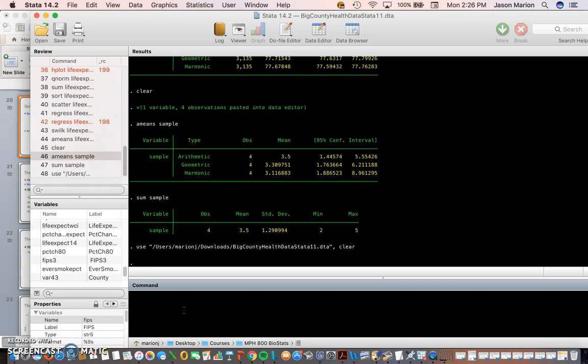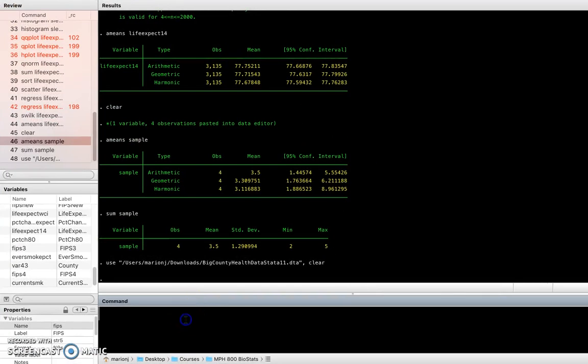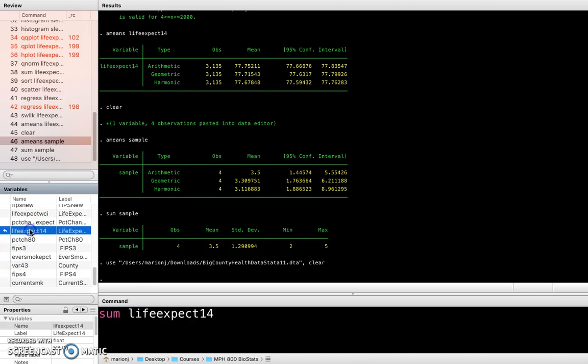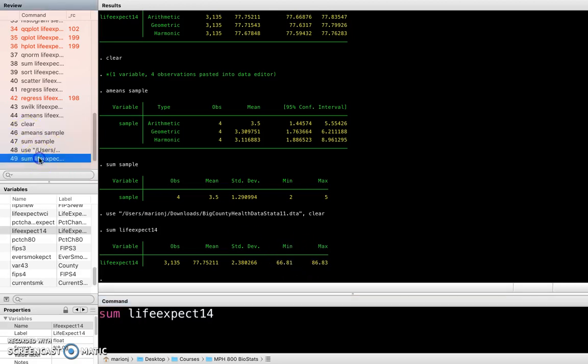If I type in the command sum life expect 14, that's not going to give me enough. That's only going to give me the number of observations, the mean, the standard deviation, minimum value, and maximum. I need the middle value. How am I going to get the middle value?